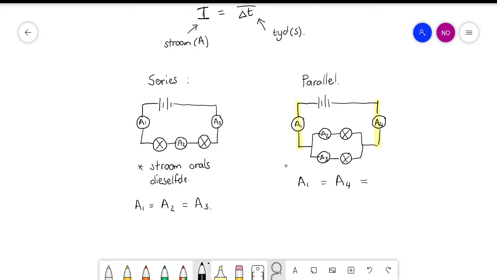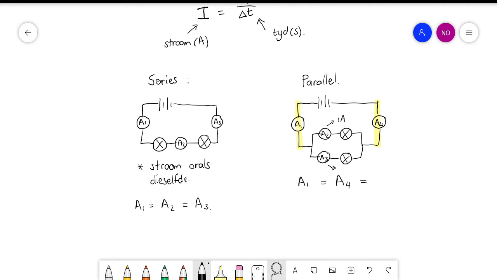Wat sê julle van A2 en A3? Remember, the current can't just disappear. Nee, so sê nou maar ons het 4 ampere lading wat deur hierdie stroombaan gaan. En ek sê nou vir jou hierdie ene meet 1 ampere. Hoeveel gaan die ene meet? Nee. 3. Hoekom? Want daar's 4 in totaal.